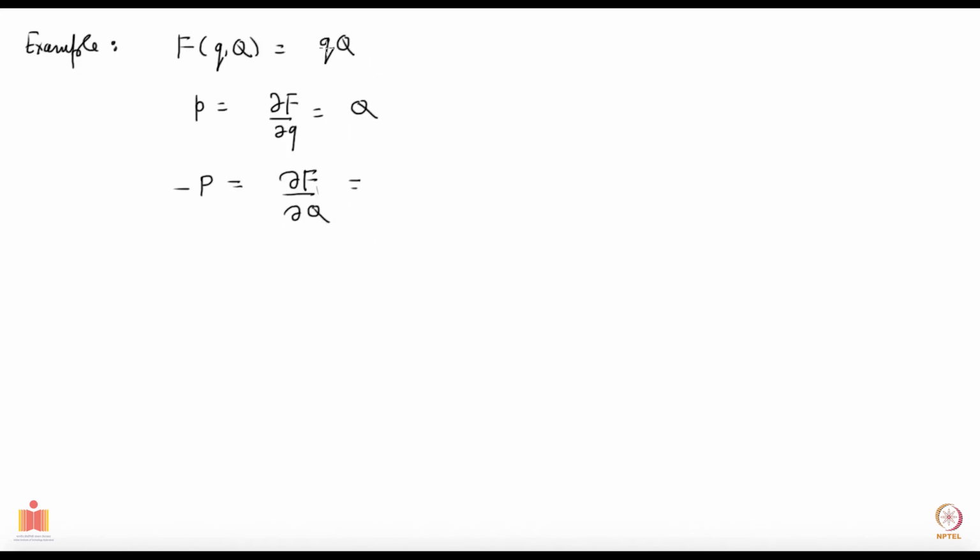It leaves you with a small q. Let us rewrite the same thing a little bit neatly. So your Q is p and your P is minus q.